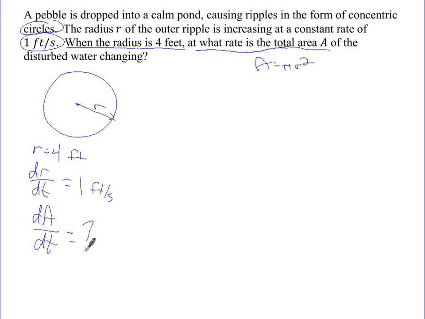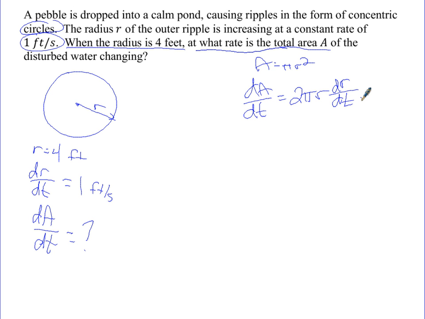So we're ready? Take the derivative of that. What do we get? dA over dt. We're taking the derivative of both sides with respect to time, so we get dA over dt equals 2 pi r dr over dt.